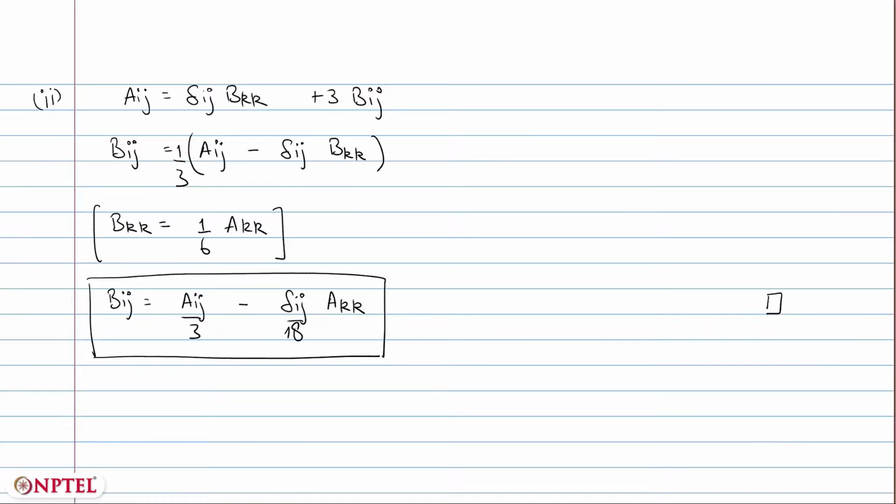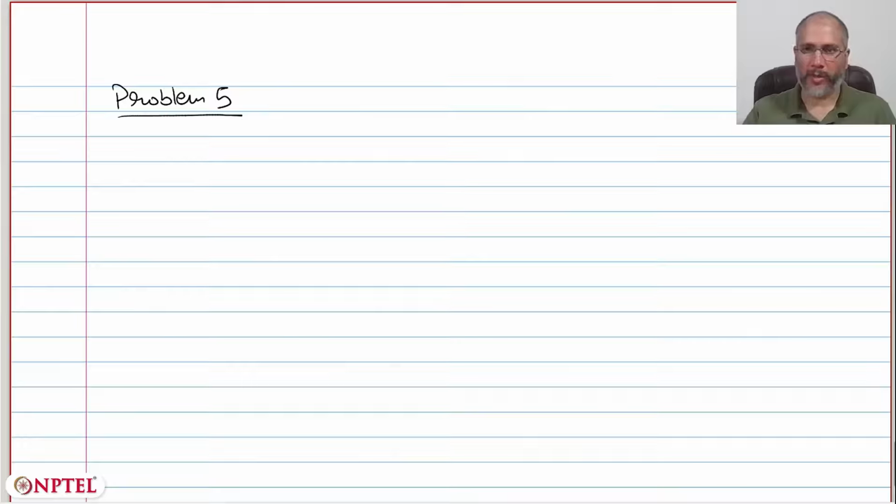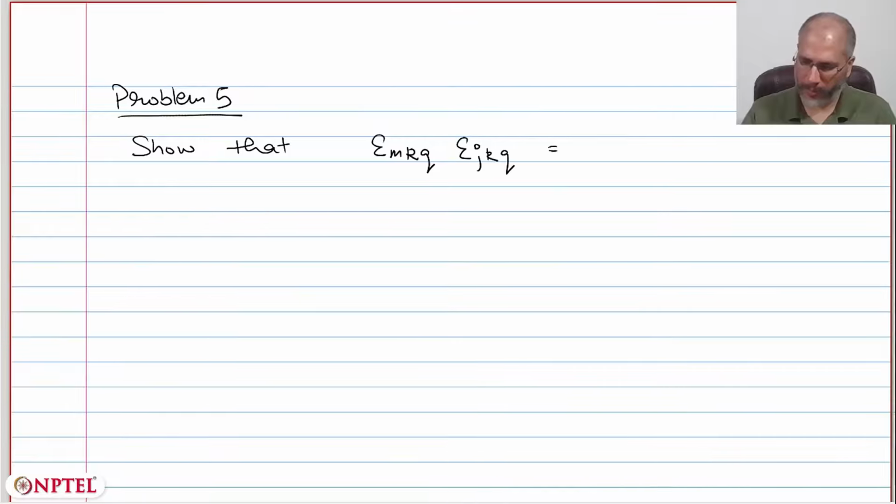So let's move on to the next problem now. In this fifth problem, we have to show that the expression epsilon mkq times epsilon jkq is twice of delta mj.